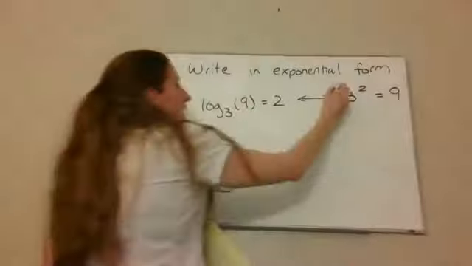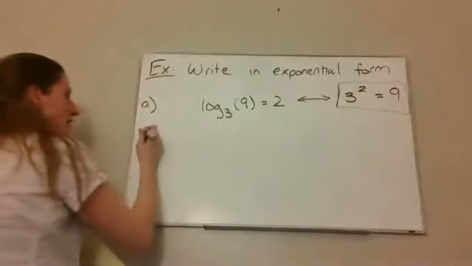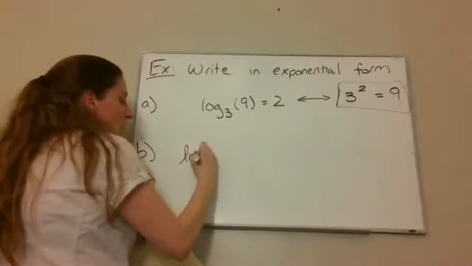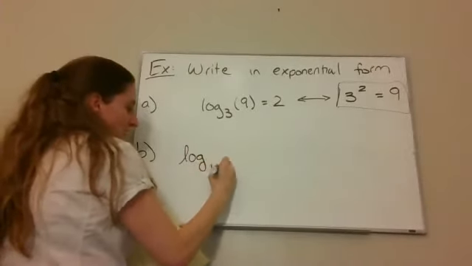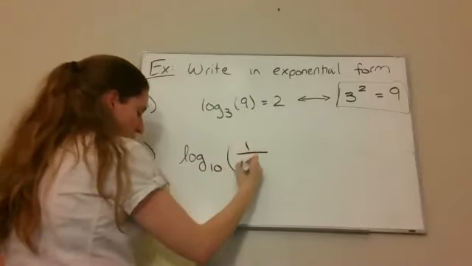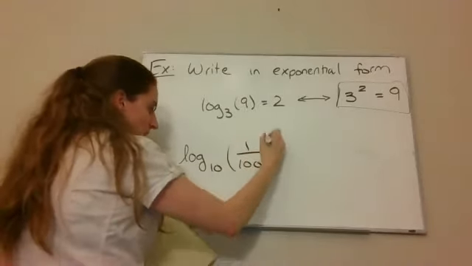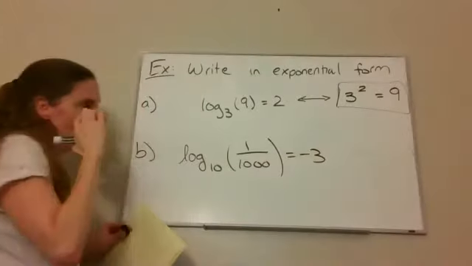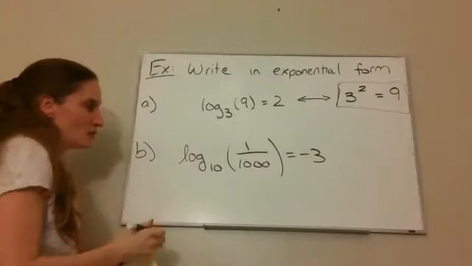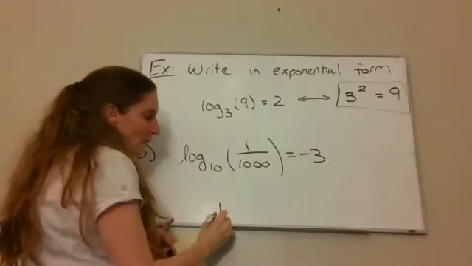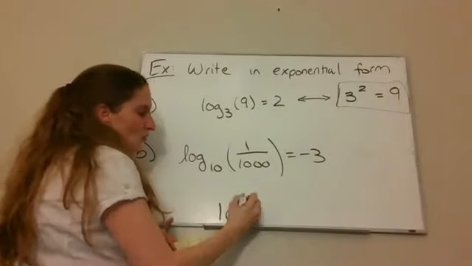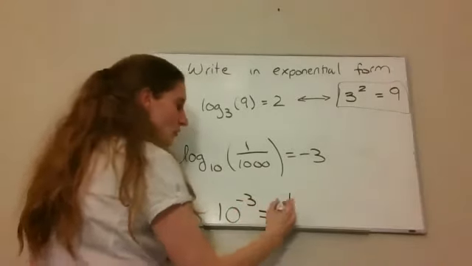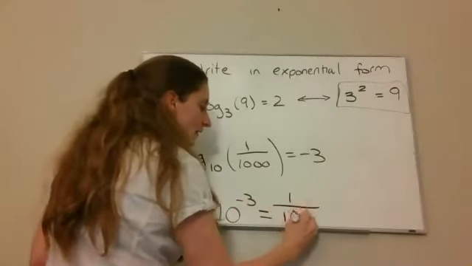Let's try writing another one in exponential form. I have log base 10 of 1 over 1,000 is equal to negative 3. To write this in exponential form, I would need to write my base to the opposite side of the equation is equal to the stuff in the parentheses.